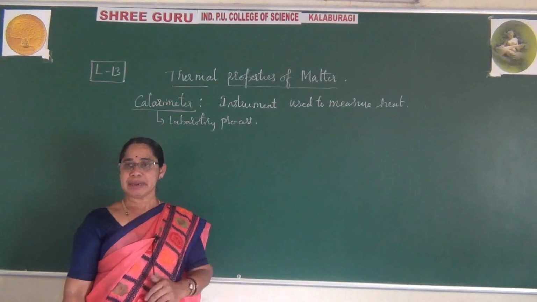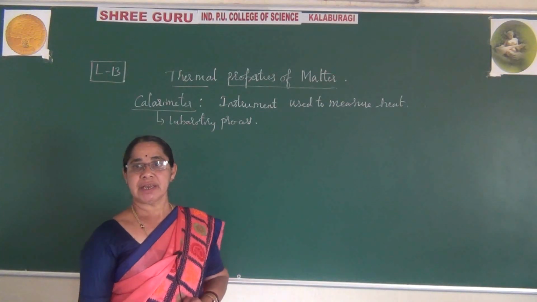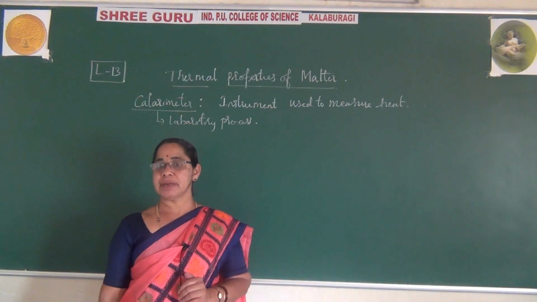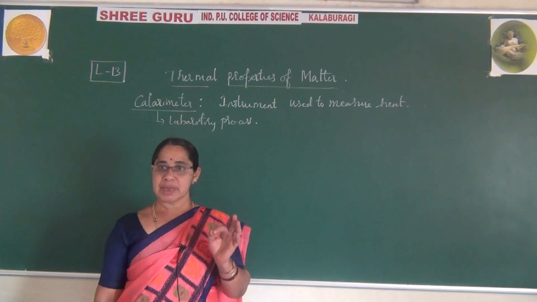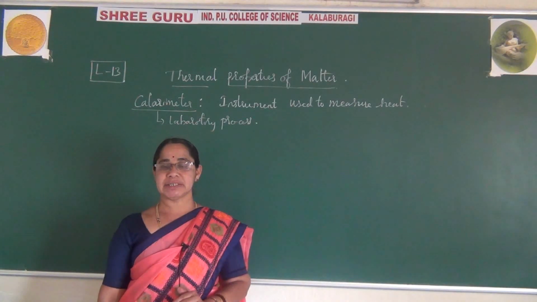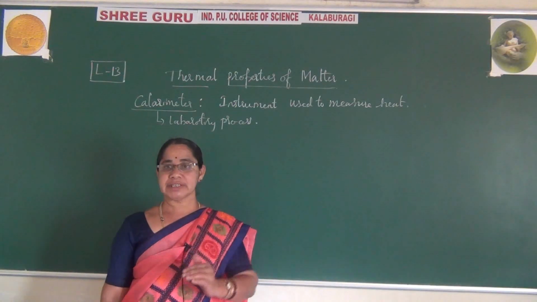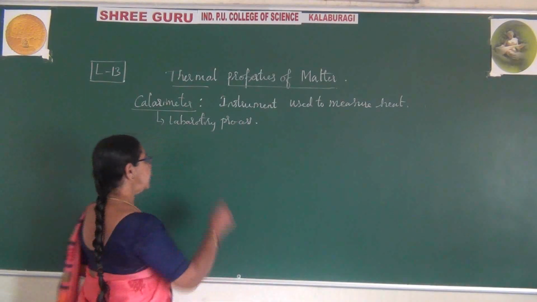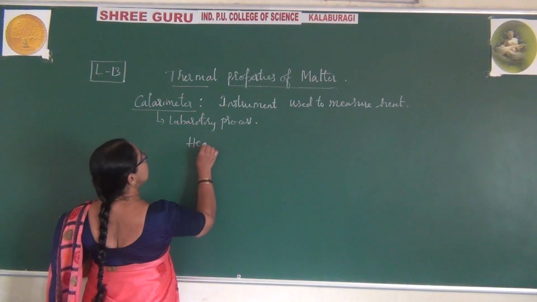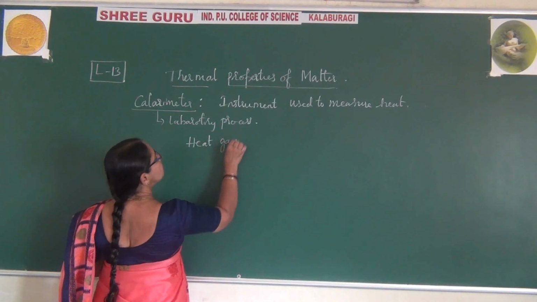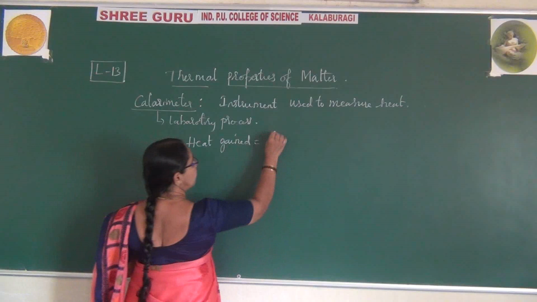Okay, so now let me tell you how we measure this. We have already said the concept, the heat always transfers from higher temperature to lower temperature without the loss of heat to the surroundings. So for this we have learned the principle, heat gain is equal to heat lost.